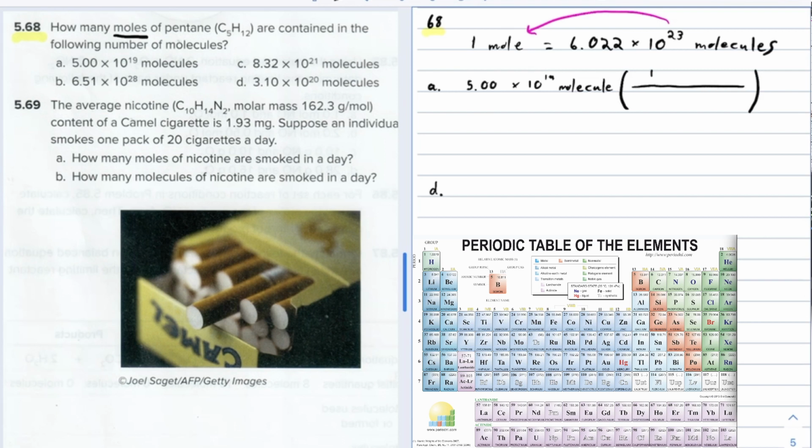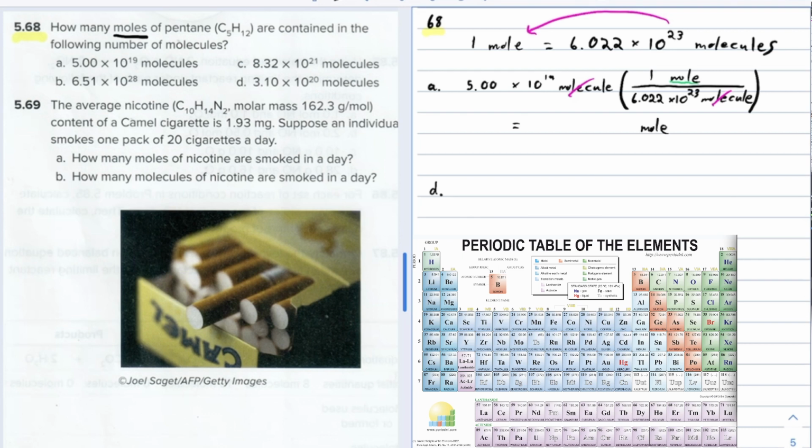We put the mole on top. 1 mole is the same thing as 6.022 times 10 to the 23rd molecules. That gets rid of the molecule units, and we're left with the mole unit. So we can see the units working out. It's going to be moles.